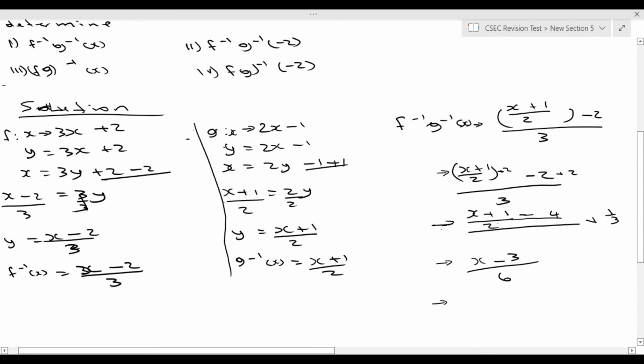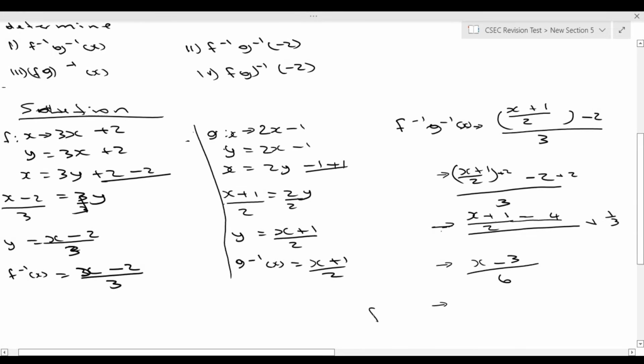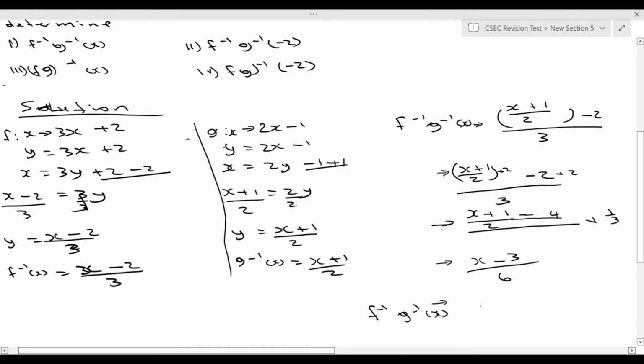And we replace it over 2, and that 2 will be multiplied by the 3 to give us the 6. So our f inverse, g inverse of x is equal to (x minus 3) over 6.